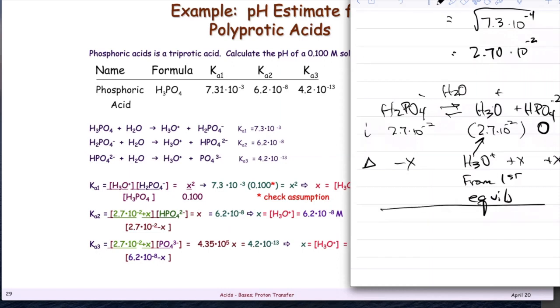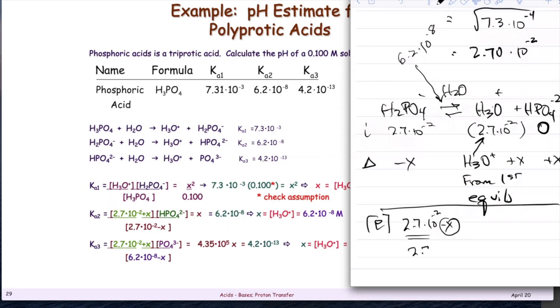And so at equilibrium, what we have here is 2.7 times 10 to the minus 2 minus x. But look at the equilibrium constant for this second equilibrium, 6.2 times 10 to the minus 8. So we can basically assume that this x is going to be very small compared to 2.7 times 10 to the minus 2.